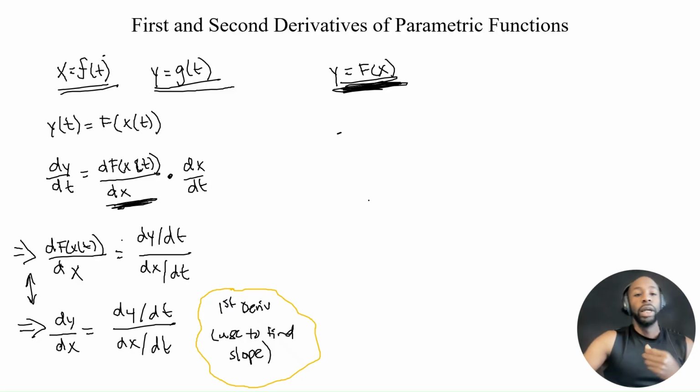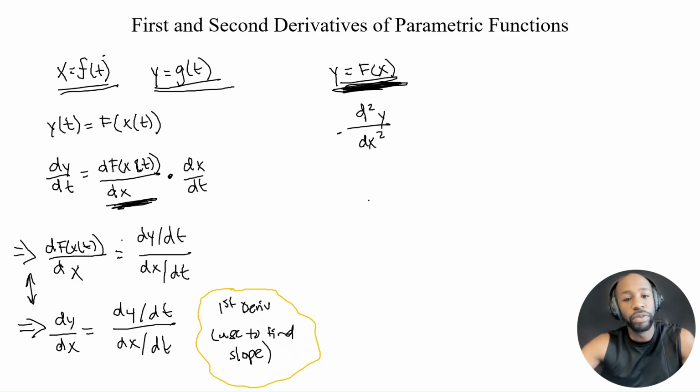Now, if we want to find a second derivative, this is how we do it. So d squared y over dx squared. We're taking the second derivative of this function. That is taking d dx now of the first derivative.